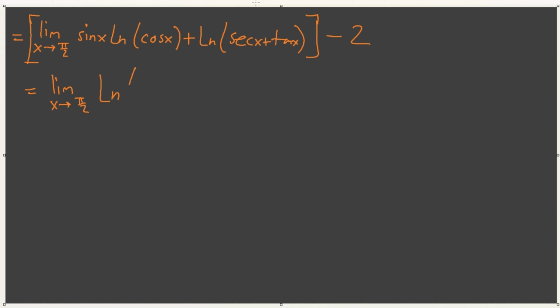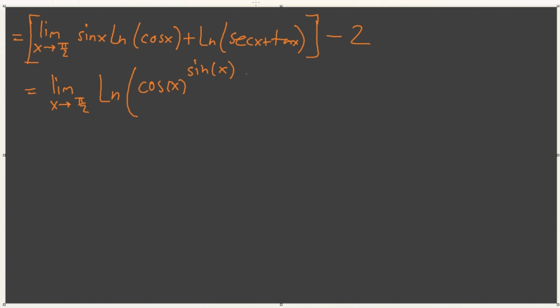What we have is cosine of x to the power of sine of x plus secant of x tangent of x. Is this a good idea of what I'm doing? Is this even a good idea? Well, secant of x plus tangent of x, what is this?